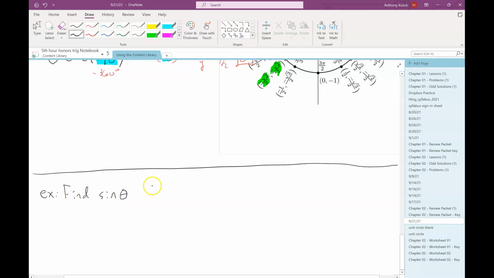So one more example. So here we're going to be asked to find sine of theta if cosine theta is 5 over 7 and cotangent is negative.